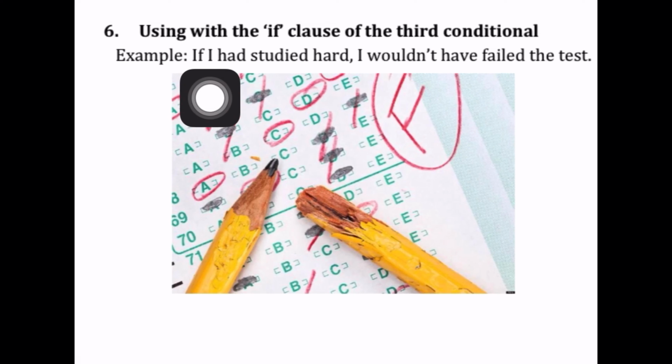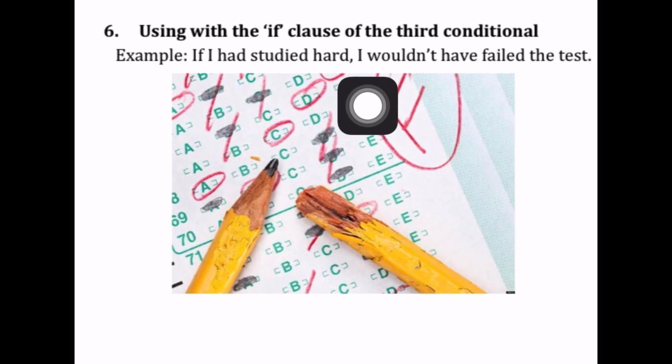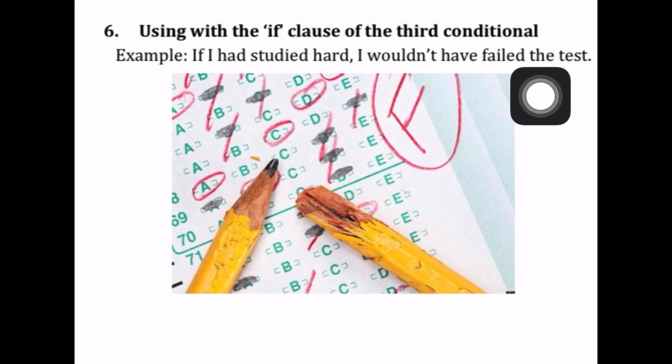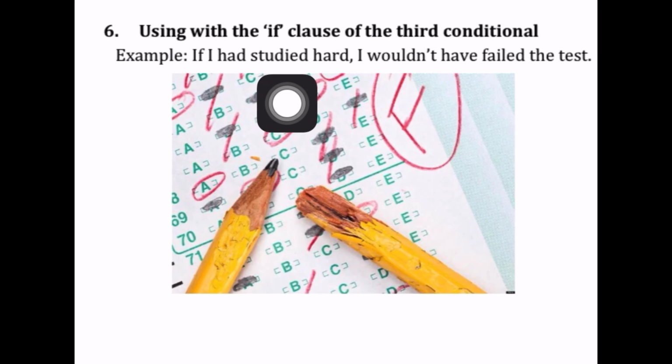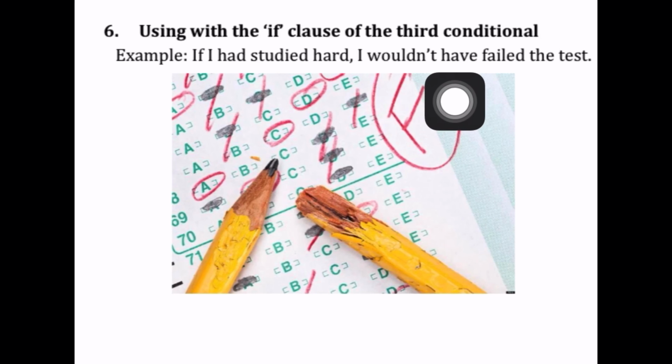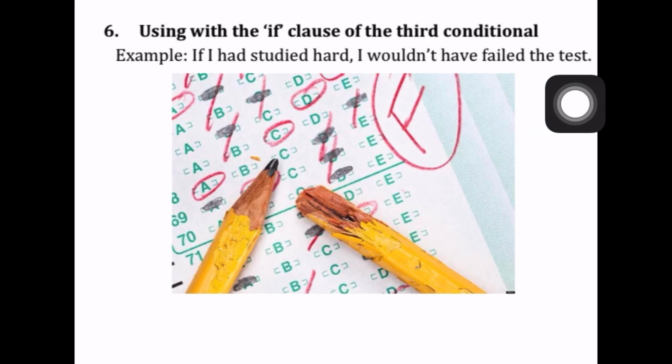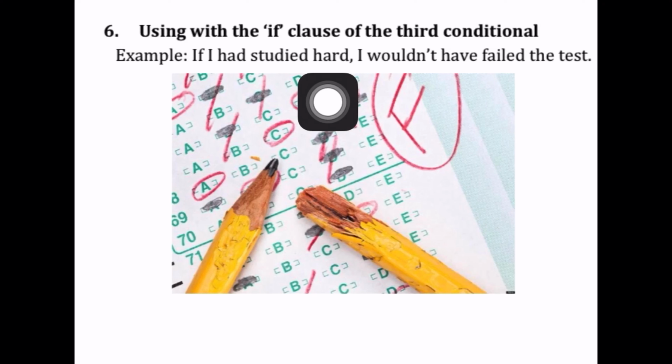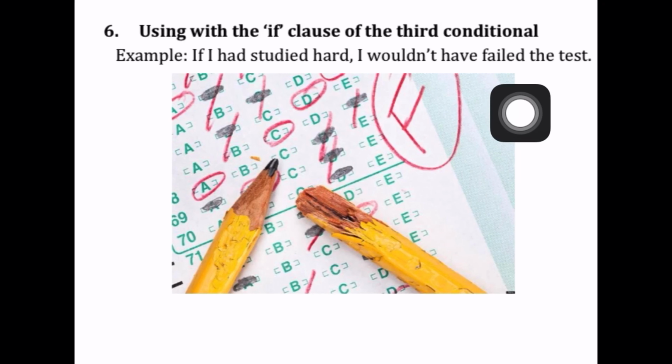For example, if I had studied hard, I wouldn't have failed the test. So if I had studied hard, I wouldn't have failed the test. මම හොඳින් පාඩම් කළා නම් කලින්, ඒ කියන්නේ අතීත කාලයේදී, මම මේ ටෙස්ට් එක ෆේල් වෙන්නේ නැහැ කියලායි කියන්නේ.